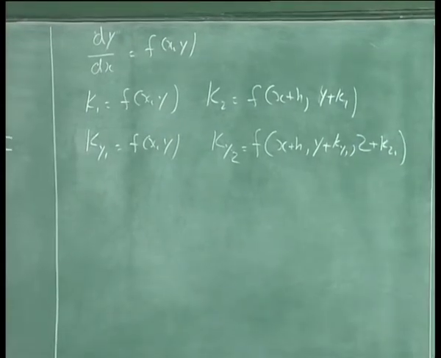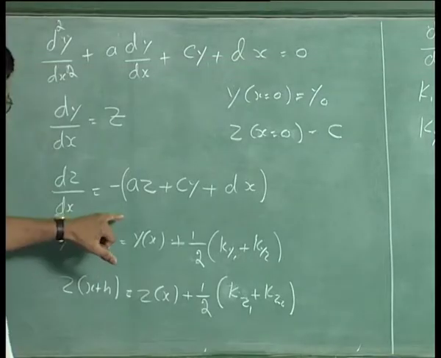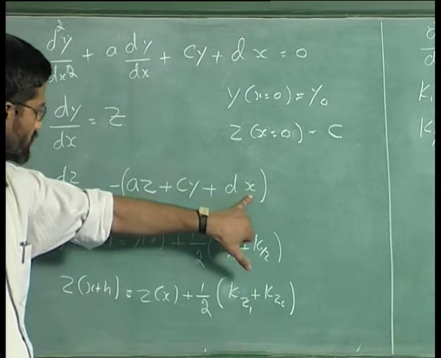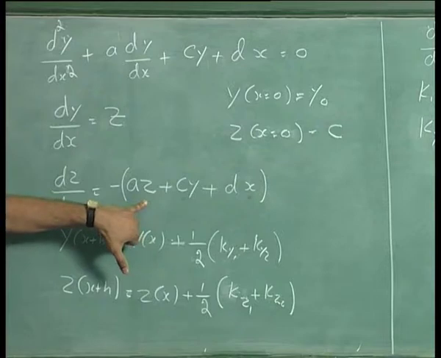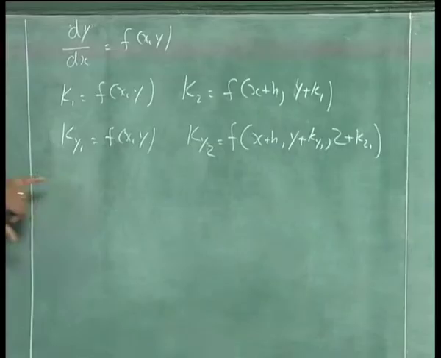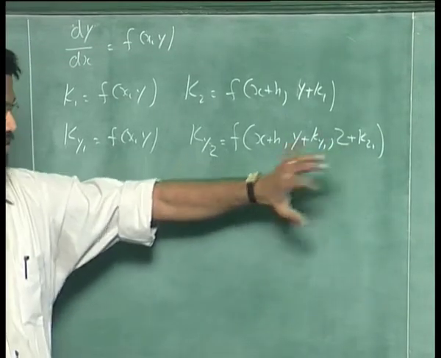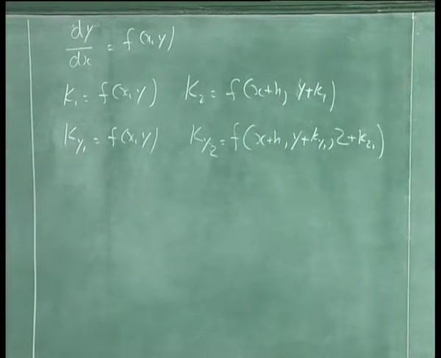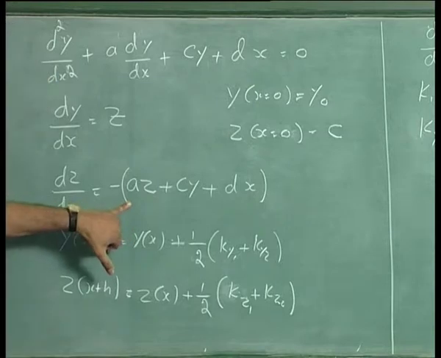That's the only difference. You see, this second equation can be a function of x, y and z. So to evaluate ky2 we first need kz1. We can't evaluate this in one shot, so we have to do that in series. That's the only thing you have to be careful about.